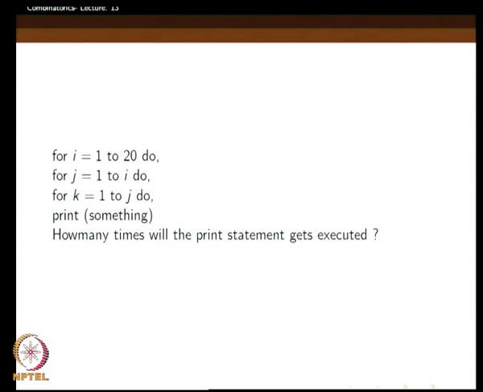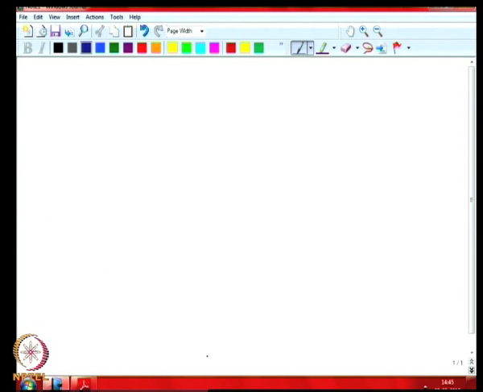Now, it is easy to see that by the time it reaches the print statement, there will be some value for i, some value for j and some value for k, and these values i, j, k will satisfy the rule: i is always greater than or equal to j, which is always greater than or equal to k.